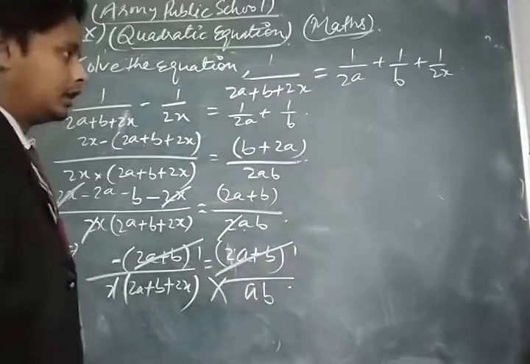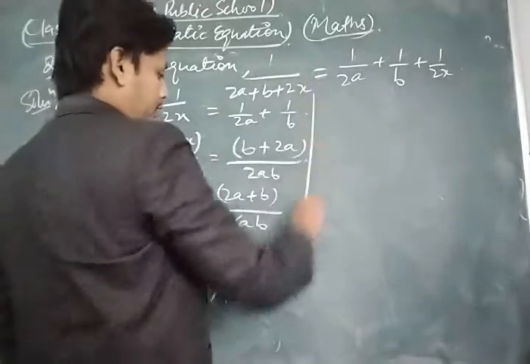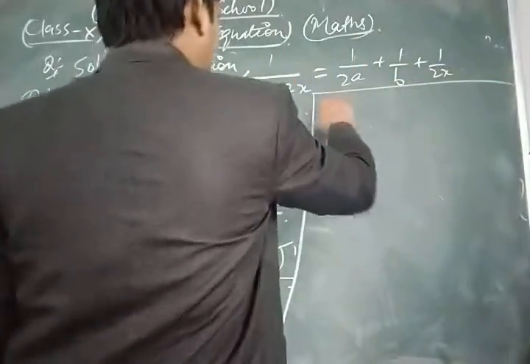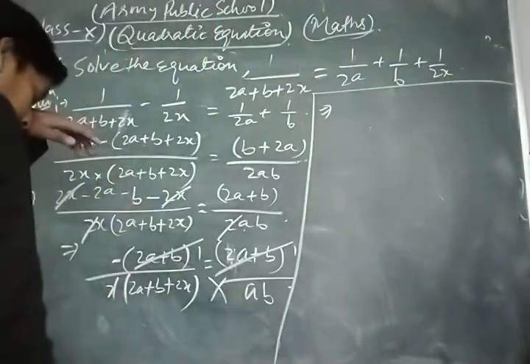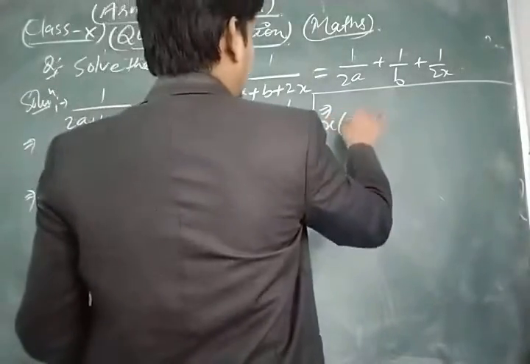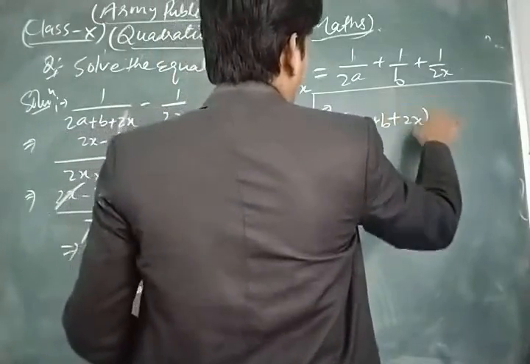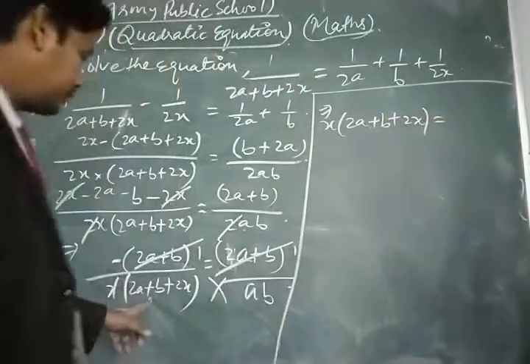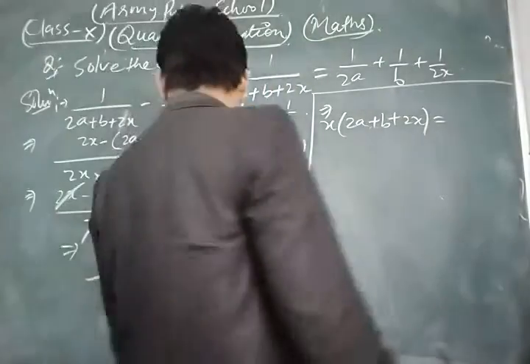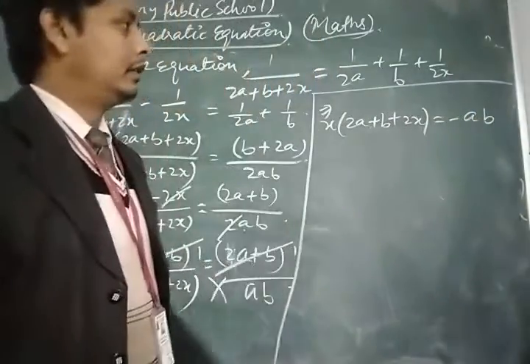Now we do their cross multiplication. So after cross multiplication we get x into 2a plus b plus 2x is equal to minus a into b.